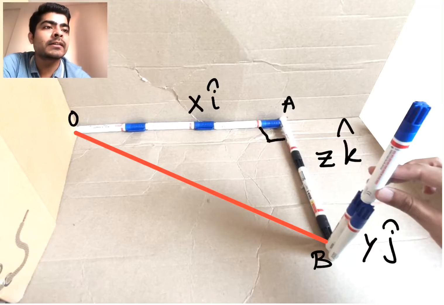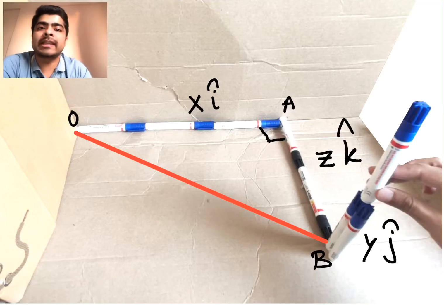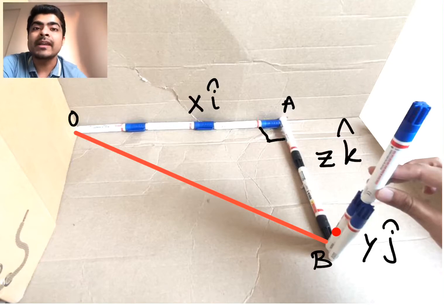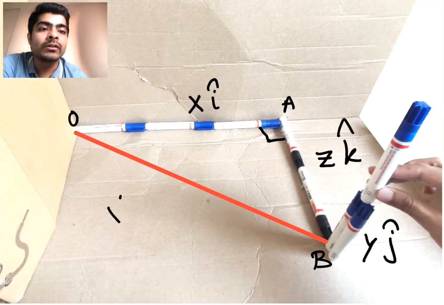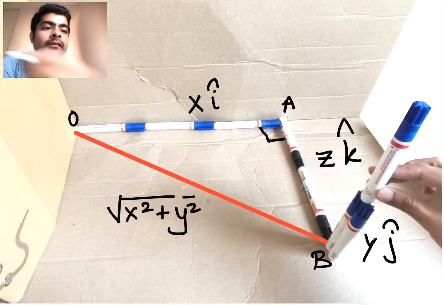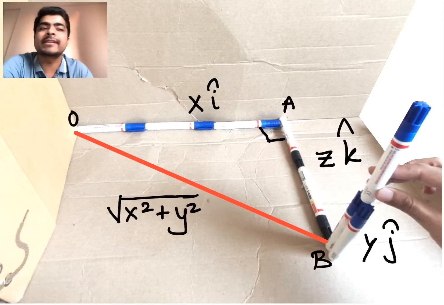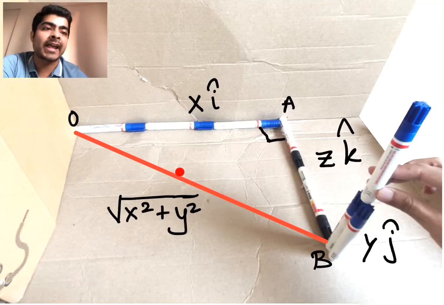Here the angle between OA and AB will be 90 degrees. So for this triangle, I know one side is equal to x, the other side is equal to z. This is a right angle triangle, so I can easily find the hypotenuse. The hypotenuse will be equal to root of x square plus z square. This is the hypotenuse, this line over here, OB.